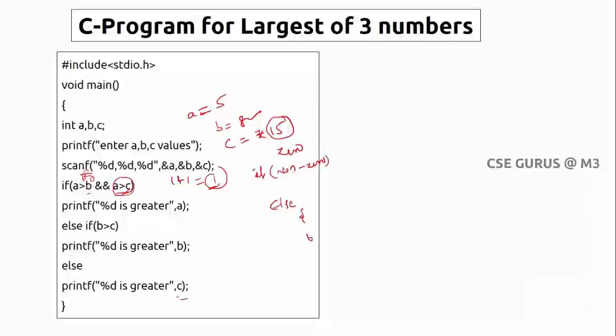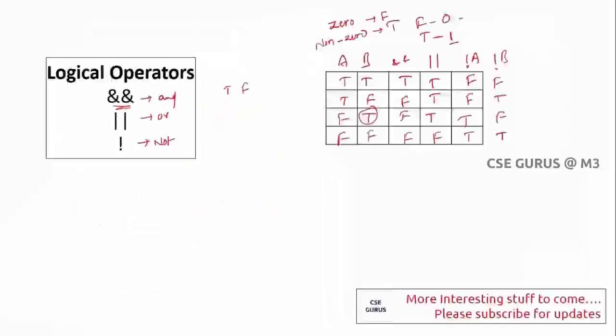Okay, so why does this happen? This is a very interesting logic. If you take the truth table, once again I'll go to the truth table, this one. If the first one is true, then there is a chance of getting true. But if the first one is false, the answer is directly false, you can see.